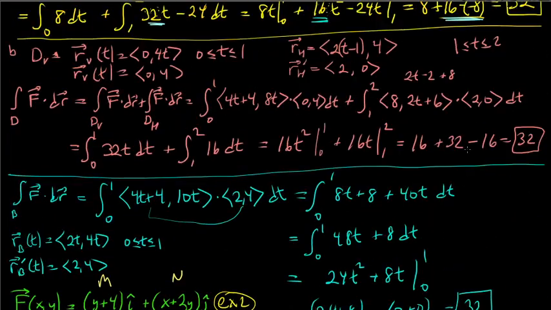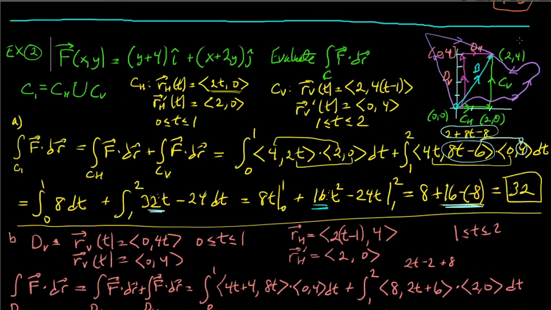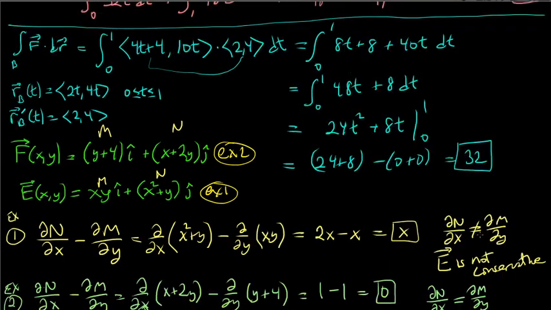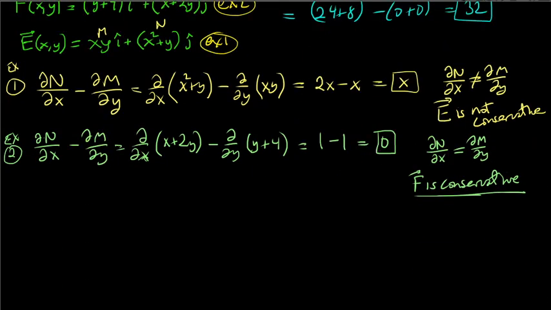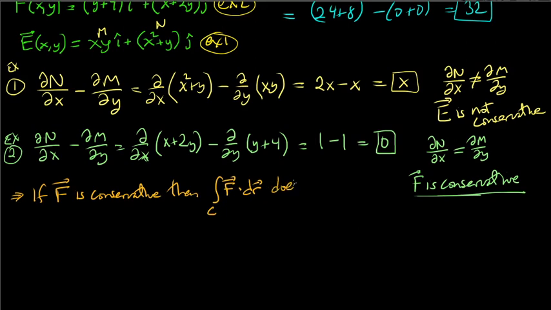So that explains why we got the same answer for the different paths, right? When a vector field is conservative, the line integral does not depend on the path. So that is fairly important here. So if the vector field F is conservative, then the line integral does not depend on the path.